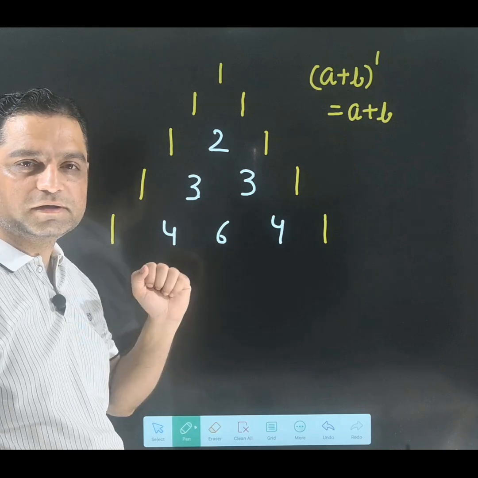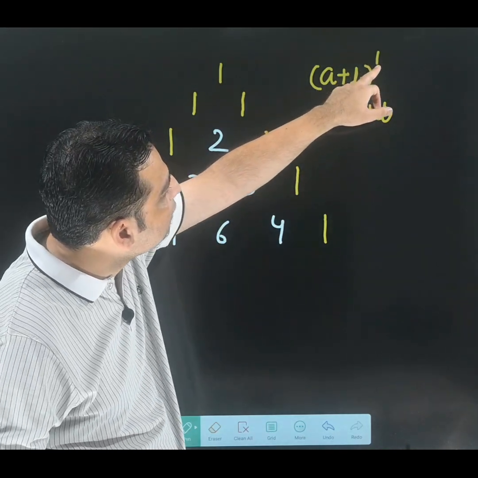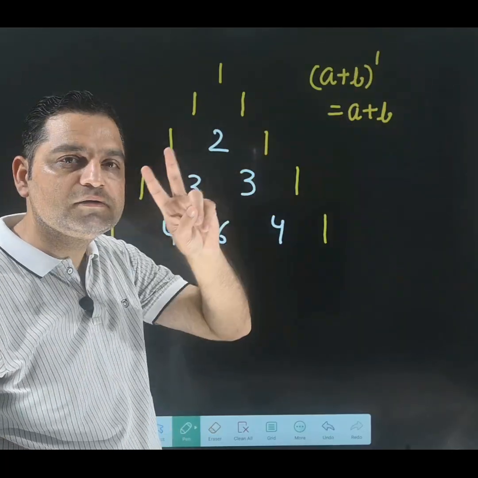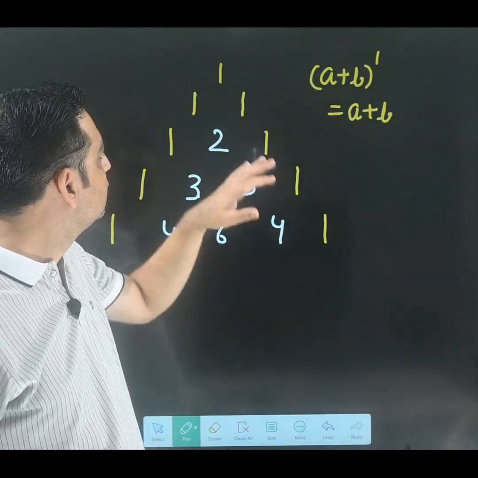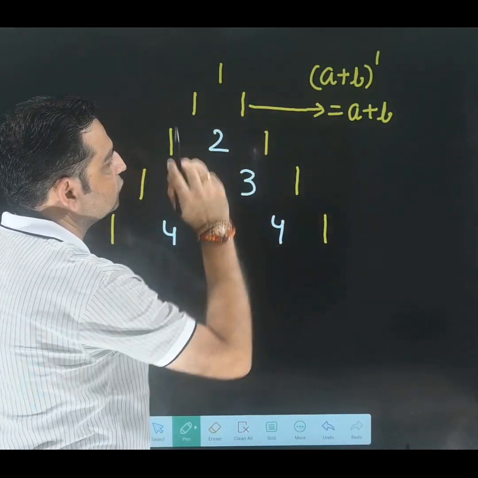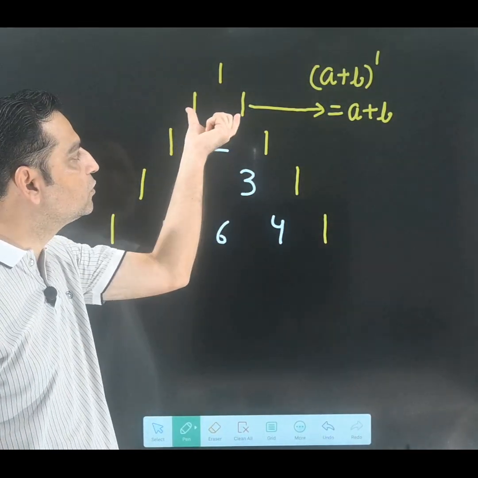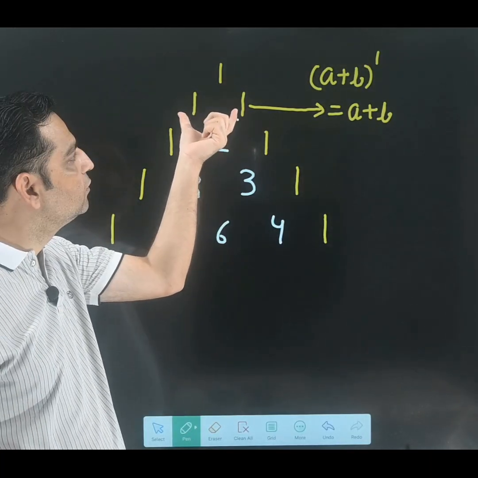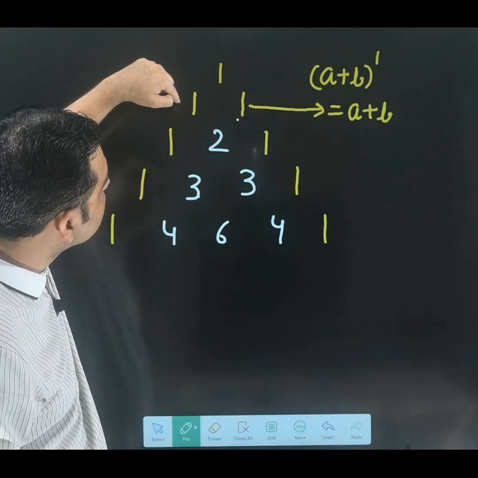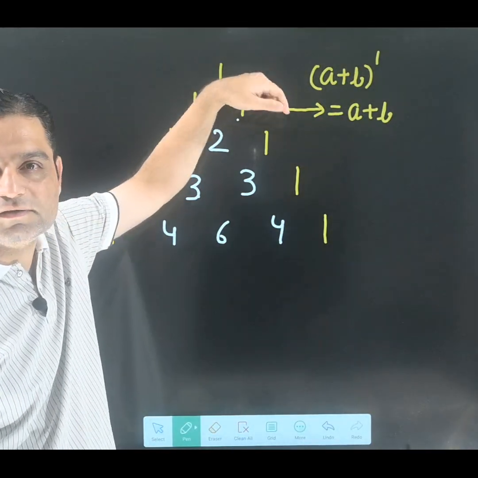How many terms are there? If my exponent for this binomial was 1, I am finally getting 2 terms. That means this 1 1 corresponds to it, because there are 2 terms, 1 and 1. That means (a plus b) power 1 corresponds to the second row of my Pascal's triangle.